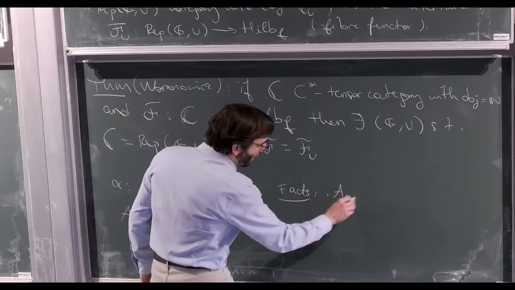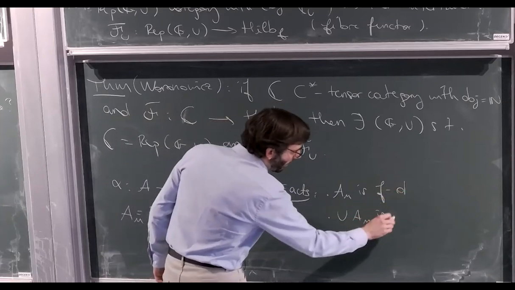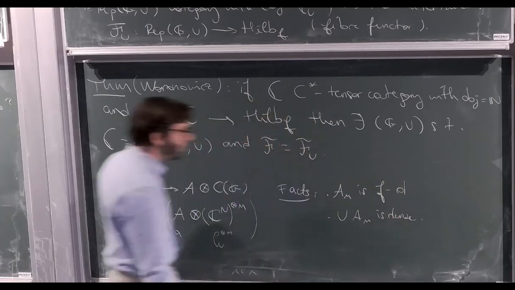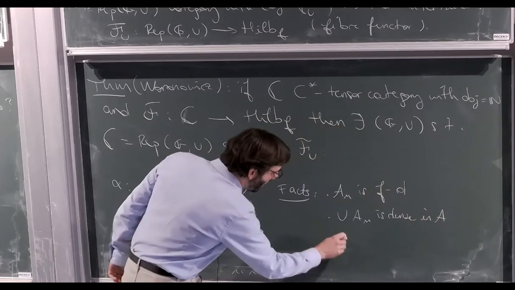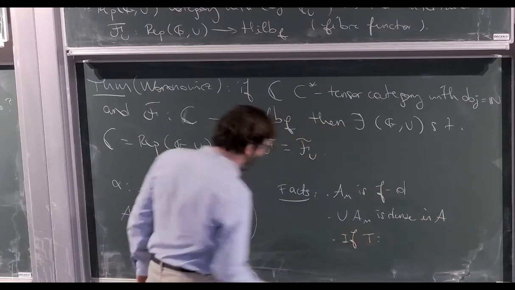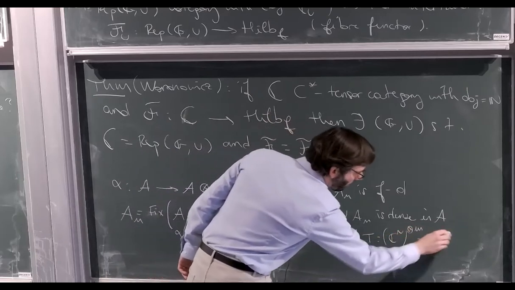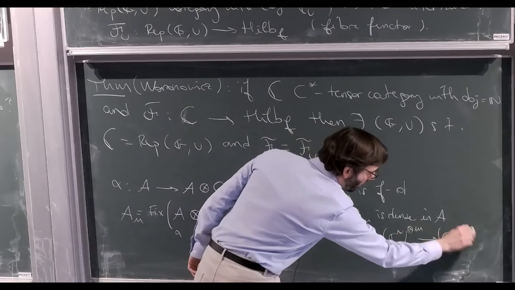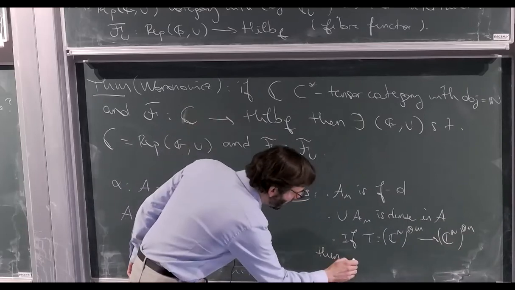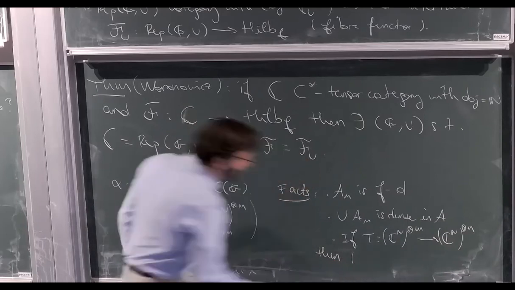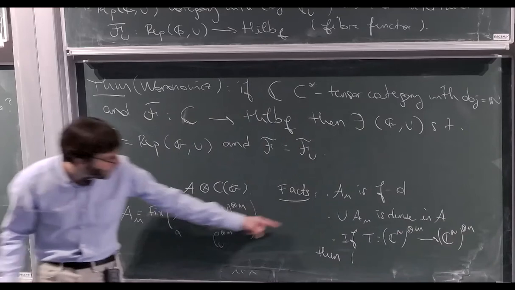So this is a subalgebra, and we know some facts about it which follow from general theory, which is that A^N is finite dimensional, and the union of the A^N is dense in A. And if T is an intertwiner, then you can look at identity tensor T between this one and the other one.